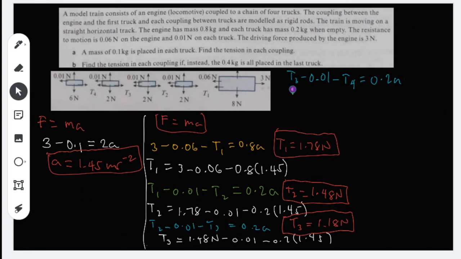T sub 4 will be equal to, so that T sub 3 is 1.18, minus 0.01, minus 0.2 times the A. So the A is 1.45. So the T sub 4 here will be, you can pause the video if you want to check, 0.88 Newton. This is T sub 4.